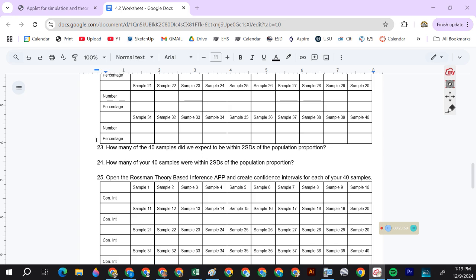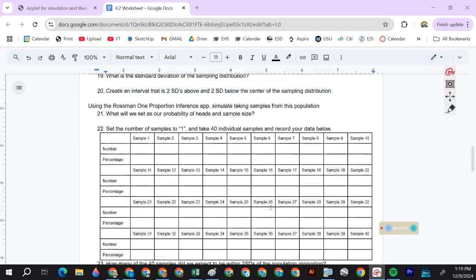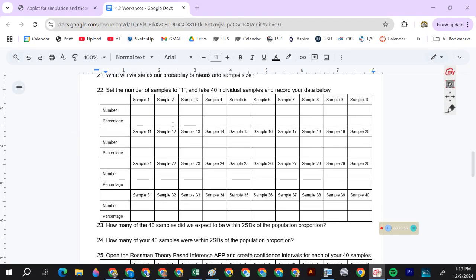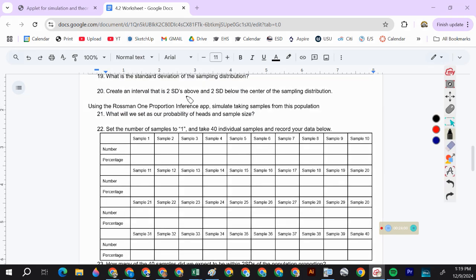So the answer for 23 is 38. And then you're going to go through and count how many landed in that window. So the window was from 4.4 to 17 point something, right? Is 6 in that window? Yes. Is 7.7 in that window? Yes. So you need to go through and count how many were in that window. We expected 38, and then you're going to count them.